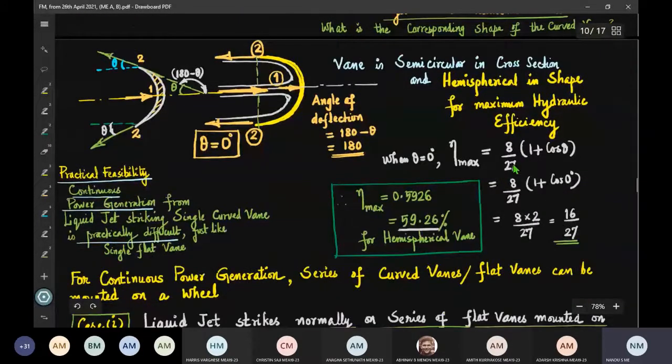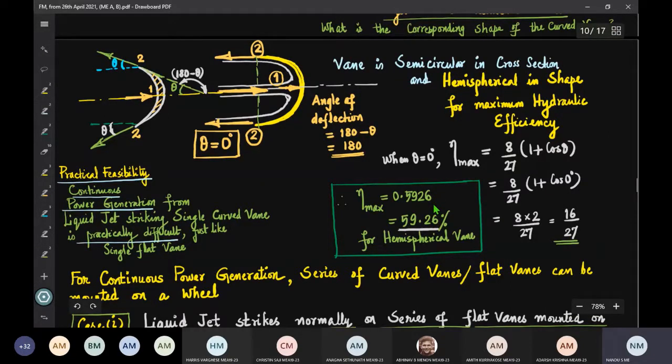So eta max will be 8 by 27 into 1 plus cos theta, 8 by 27 into 1 plus cos 0. So cos 0 is 1, 1 plus 1 is 2, 2 into 8 is 16, 16 by 27. And if you convert into decimal, it is 0.5926.